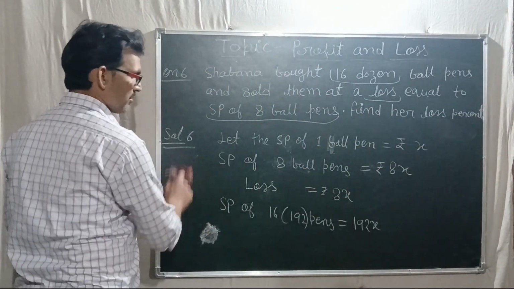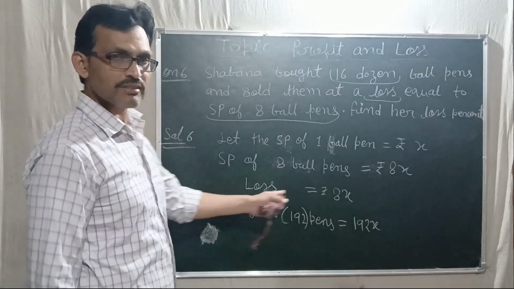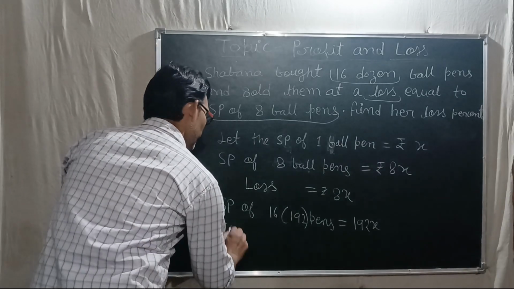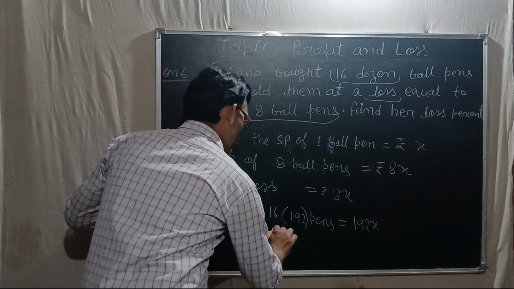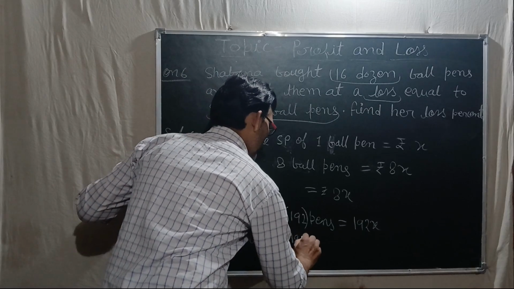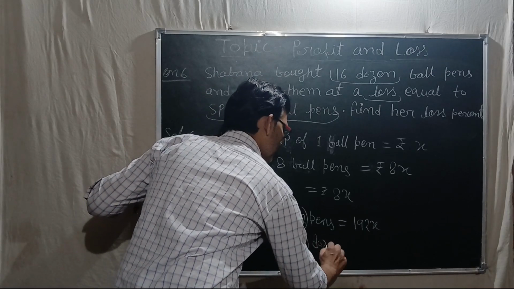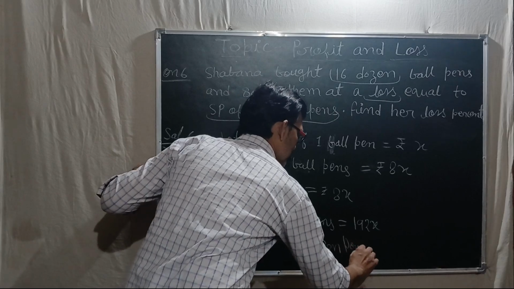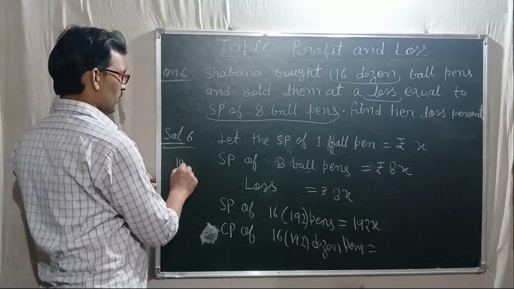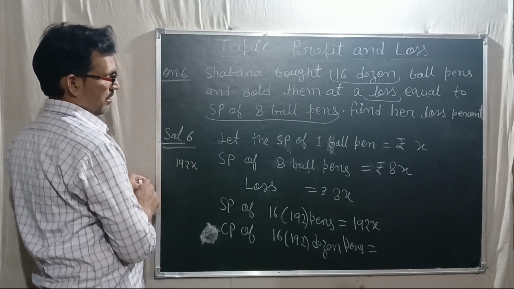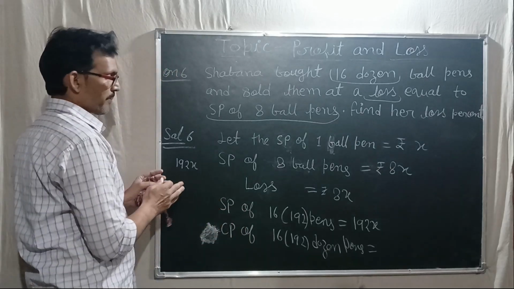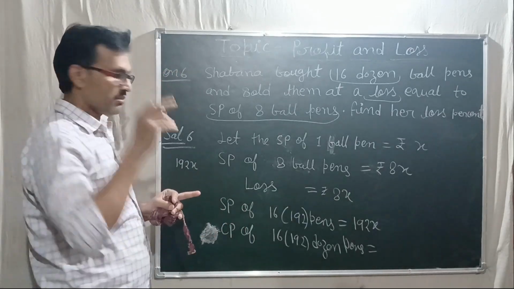So there is a loss, and we have to find the cost price. CP of 16 dozen pens, 192 pens, equals how much? Here it is going in the loss, so the cost price will be more than the selling price.